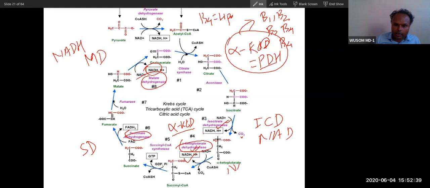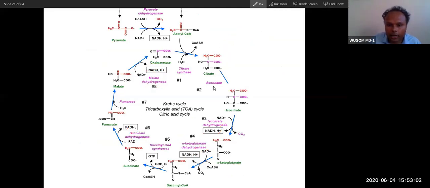You can see NADH here, NADH here, and NADH here: 3 NADH, 1 FADH2. If in glycolysis you remember the 4 kinase steps, you remember glycolysis; in the Krebs cycle, if you remember the 4 dehydrogenase steps, you will remember all the important points of the Krebs cycle.